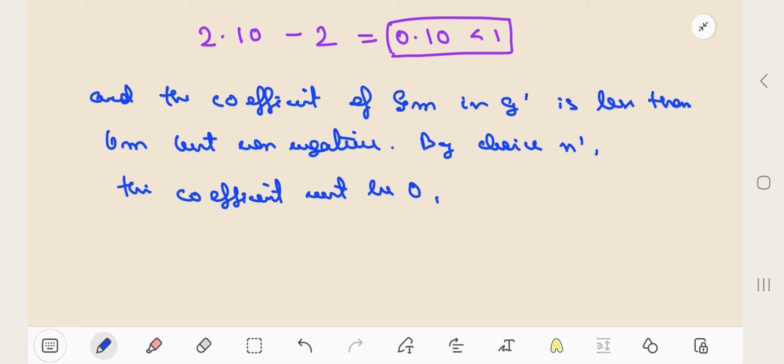But here we are seeing that the coefficient of Gm is less than Bm. Bm was the smallest possible choice for the coefficient of Gm. We are getting a different vector G prime which has a smaller coefficient of Gm, but in that case this coefficient must be equal to 0.